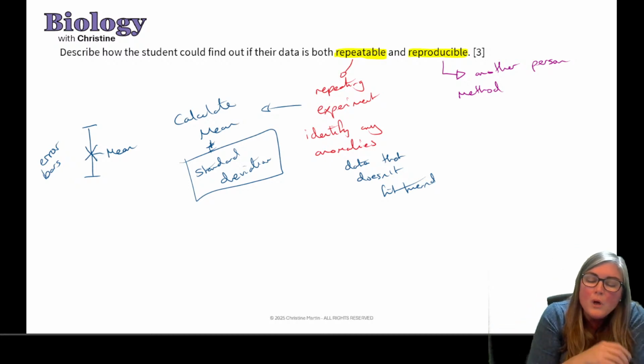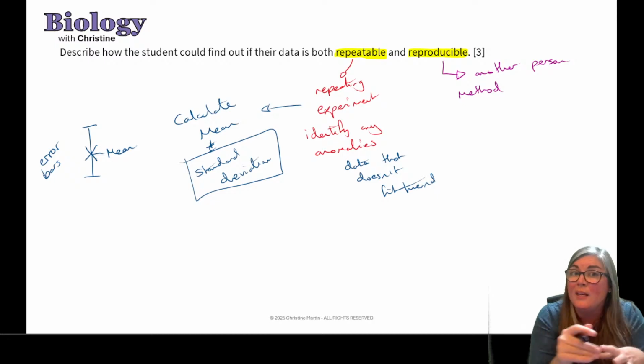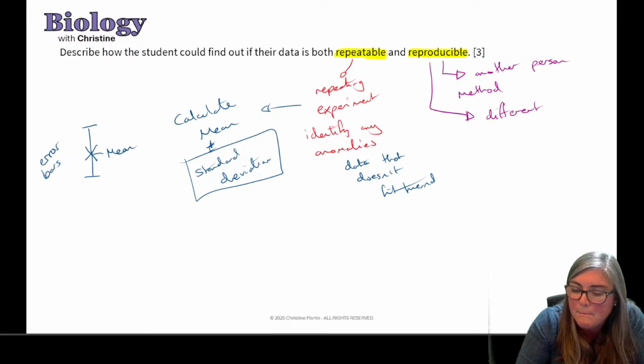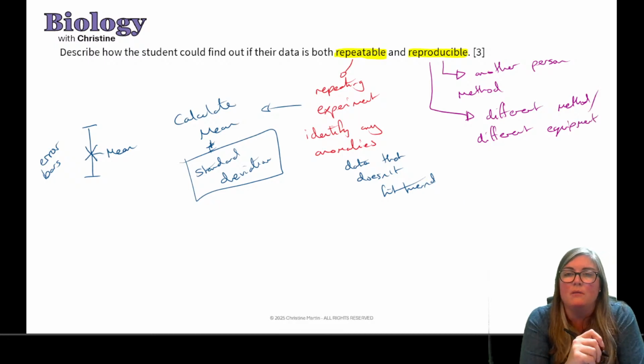So they could use exactly the same method as you, and therefore they are repeating it. But if they are using a different method or using different equipment, would they still get the same results?